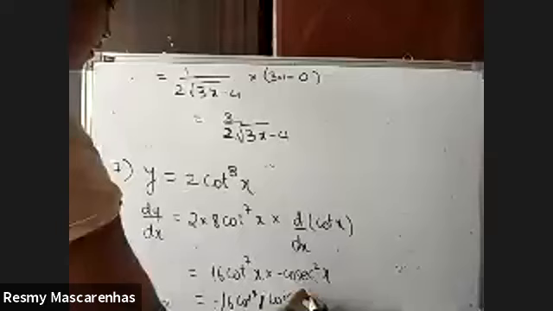The eighth one is y is log of x square plus 3x. So this is in the form of log of something.